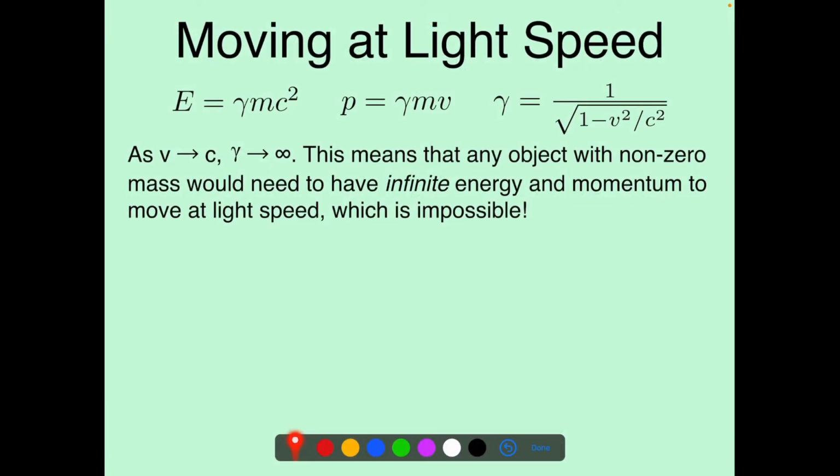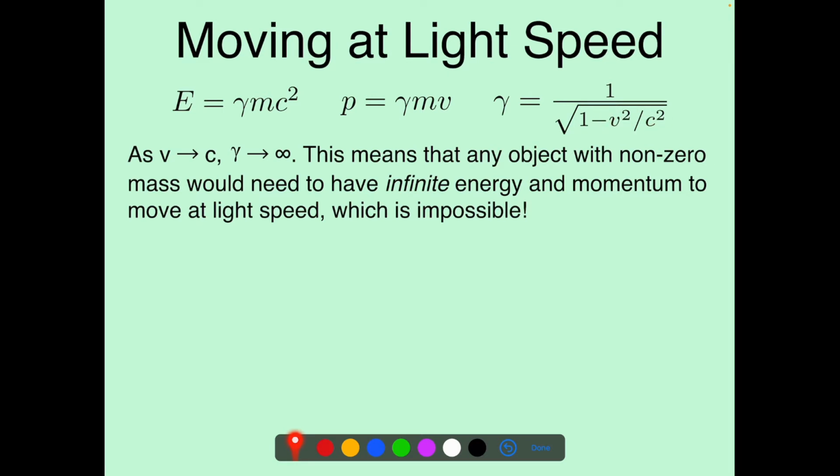So let's take what we've learned about relativistic energy and momentum and try to see what we can say about moving at light speed. So remember, the total energy of a moving object is given by gamma mc squared. The momentum is given by gamma times mv, and then the gamma factor is 1 over the square root of 1 minus v squared over c squared.